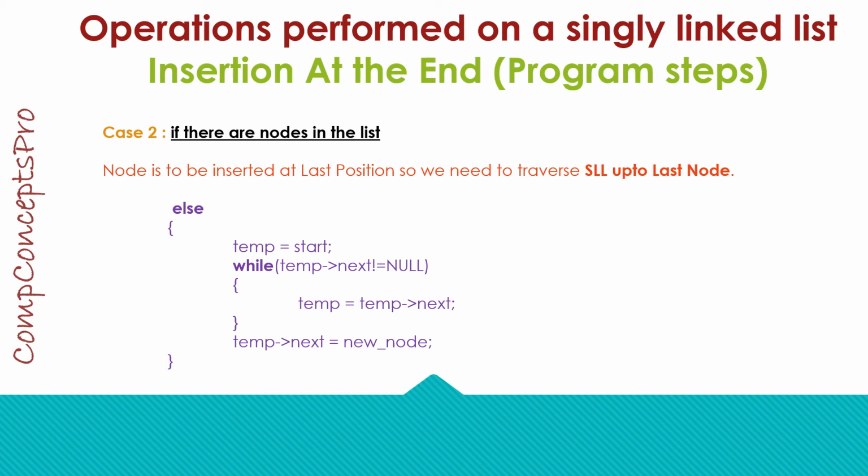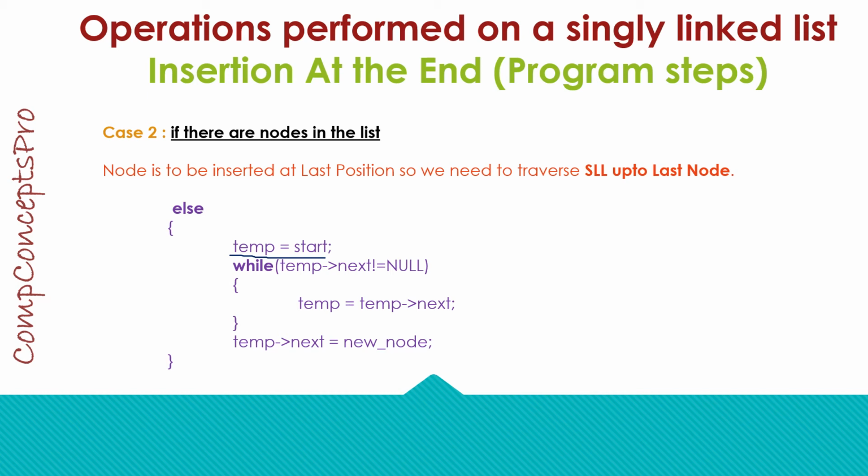This is the point where traversal operation is required. So for traversing the list, we need a temporary pointer which will also be pointing to the first node initially, like this. And then it will be made to point to the last node by shifting its position with the help of a while loop.